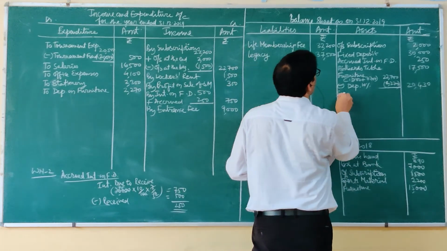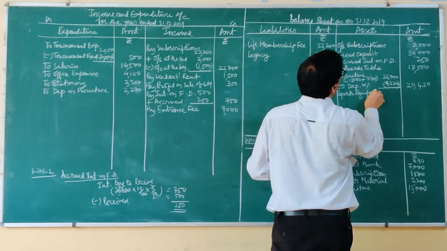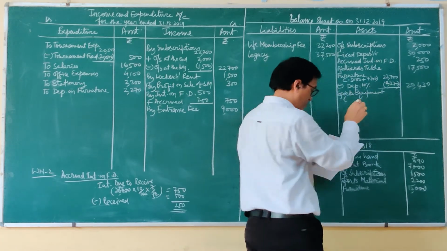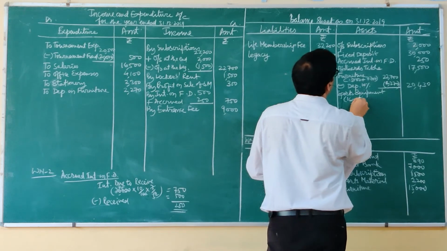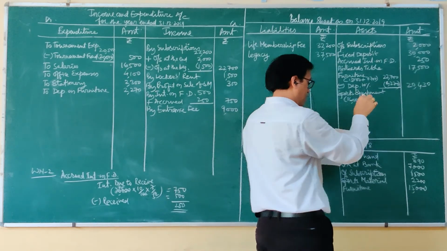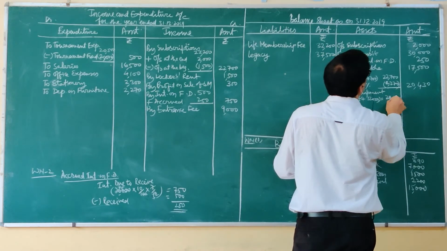Again we take it here, sports equipment. In the previous year's balance sheet also this item was appearing. So previous balance of sports equipment is 16,000. New purchase is 12,000. Total 28,000.